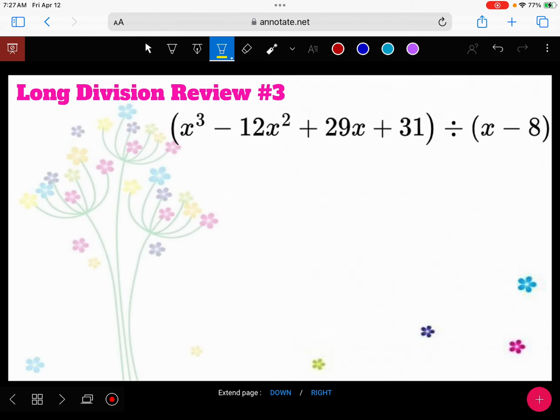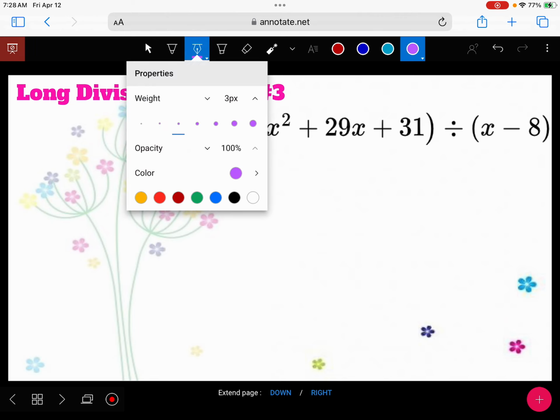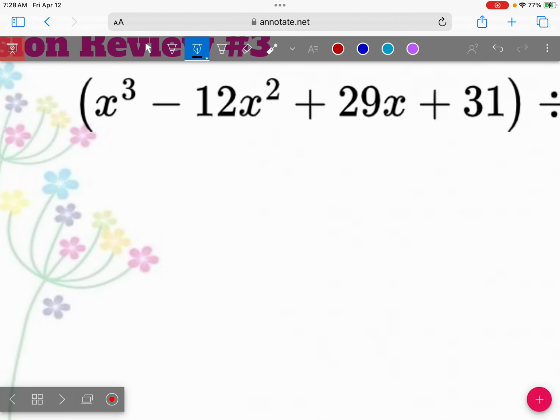Okay, the next one we're going to do is number 3. This one is going to take us through the long division. So for this one, we're going to have to set this up as our long division, which means I'm going to rewrite this whole thing.